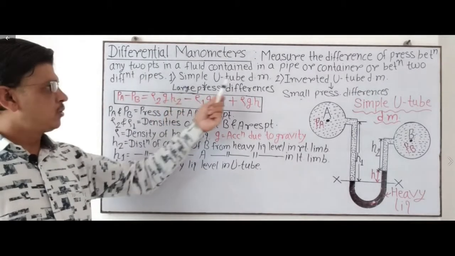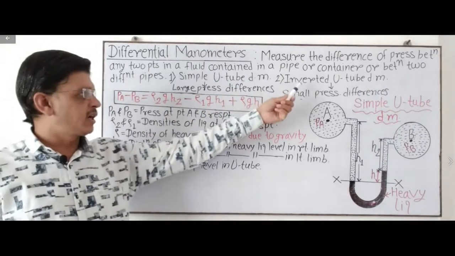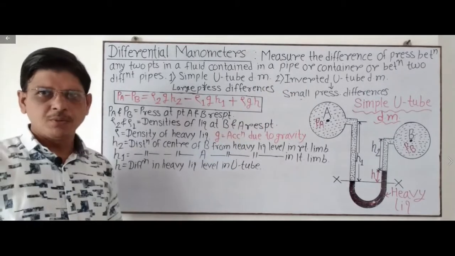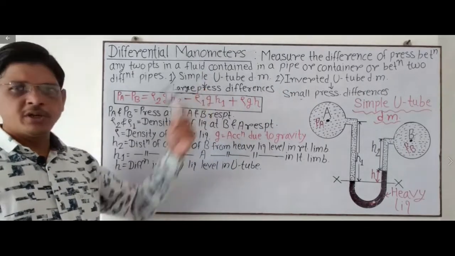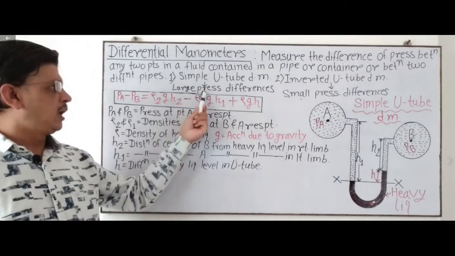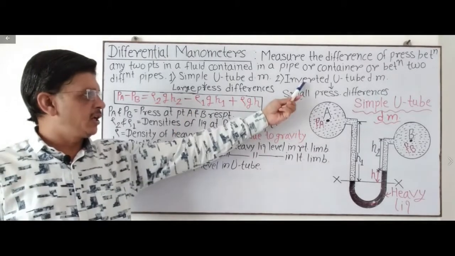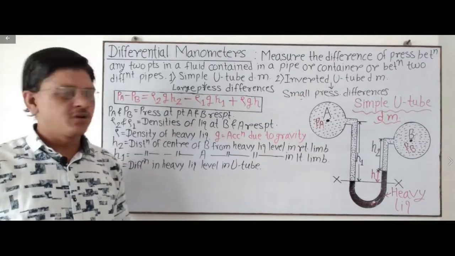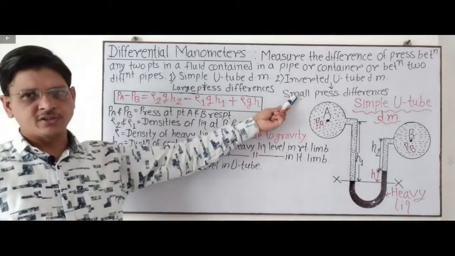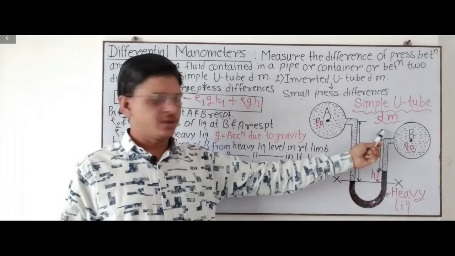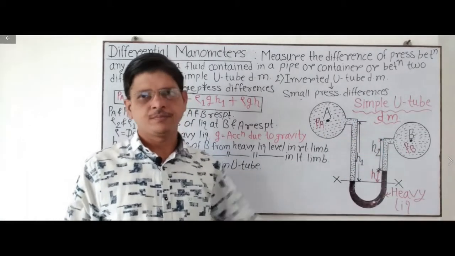One simple U-tube differential manometer and second one is inverted U-tube differential manometer. Simple U-tube differential manometer is used to find large pressure differences, whereas inverted U-tube differential manometer is used to find small pressure differences. This is a simple U-tube differential manometer.